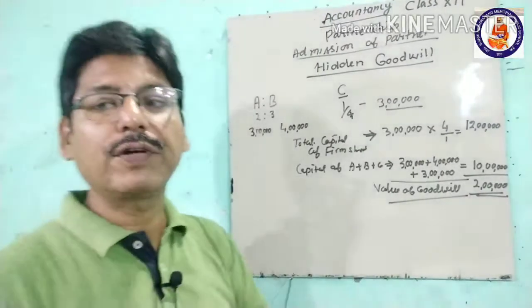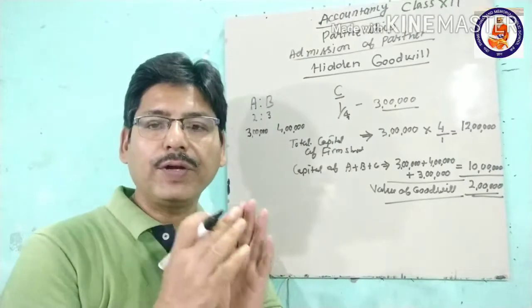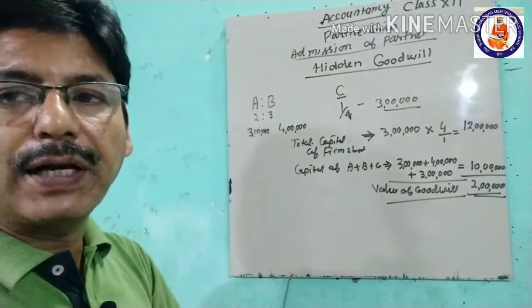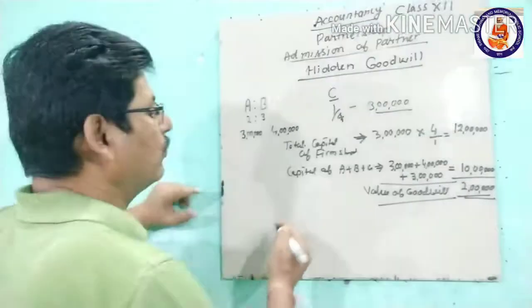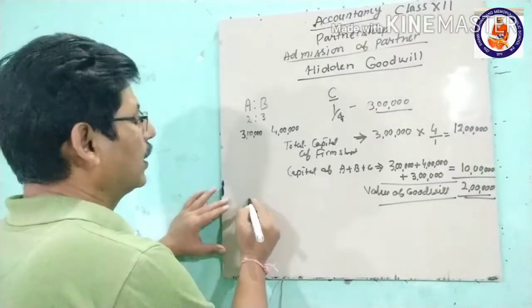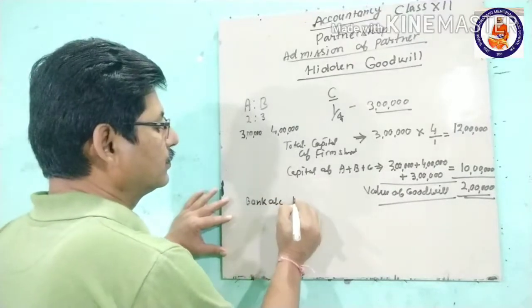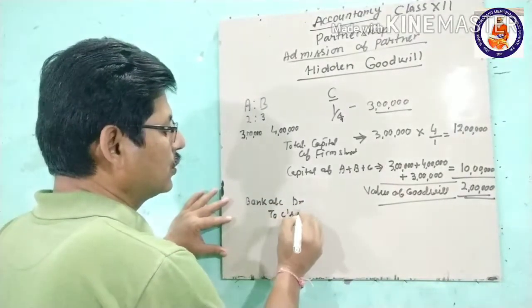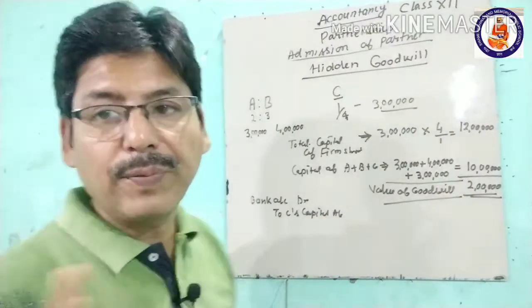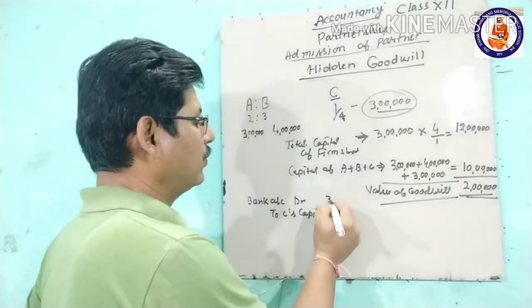The entry for that is bank account debit to C's capital account, 3 lakh rupees, since C is bringing this 3 lakh rupees.